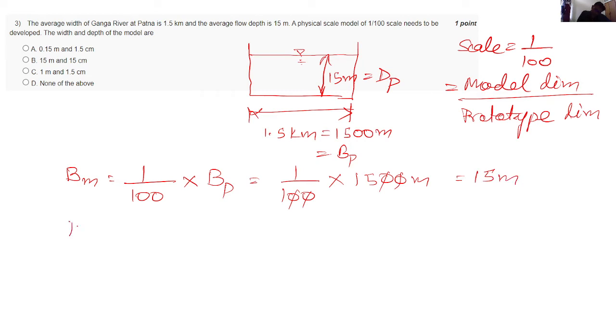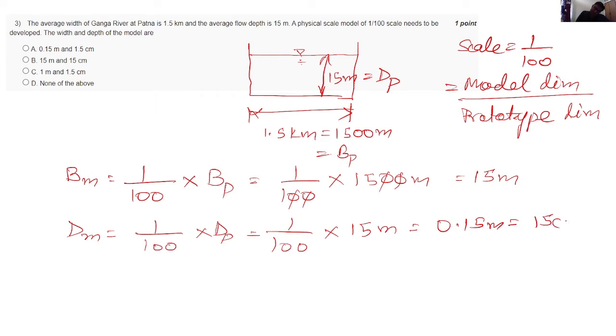And the model depth is again 1 by 100 into DP, 1 by 100 into 15 meters equal to 0.15 meter equal to 15 centimeter. So the answer should be 15 meter and 15 centimeter. Answer is B.